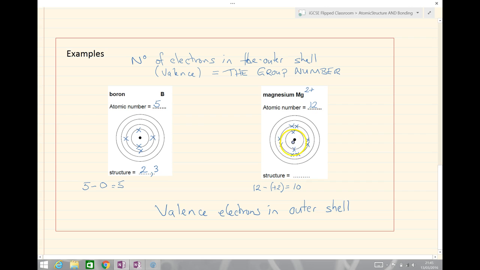That's 1, 2 in the first shell, 1, 2, 3, 4, 5, 6, 7, 8 in the second, and the structure would then be 2, 8. We would then have some square brackets, and a little +2 just to show the charge. If it was a minus charge, we would just have a minus charge on the outside of the brackets.